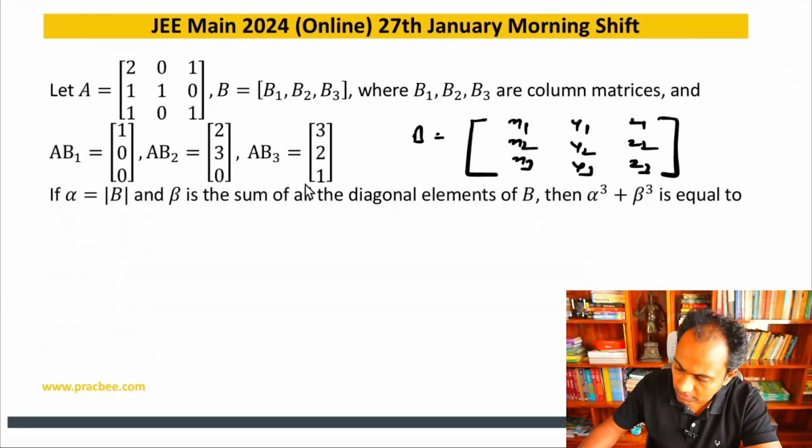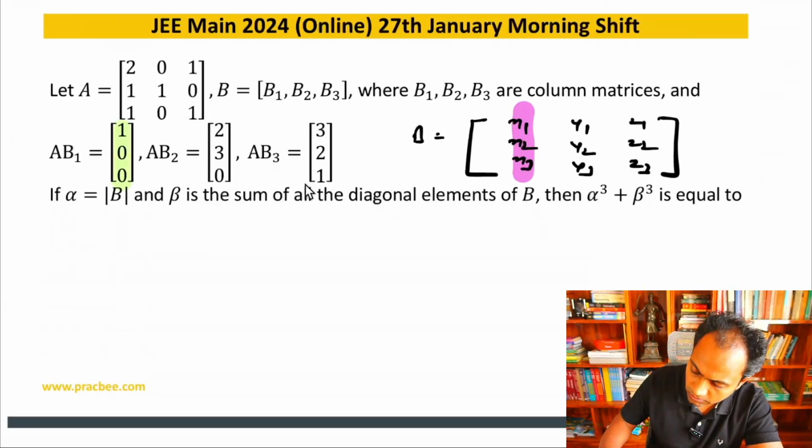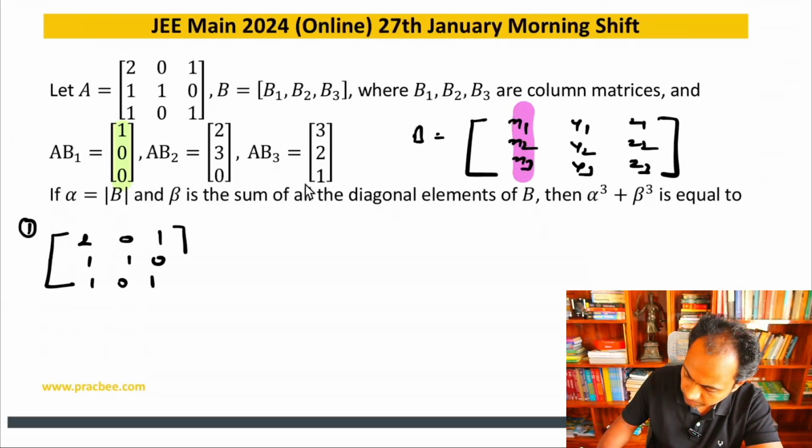Now what they are saying is, if I take B1, that is nothing but this matrix, and if I multiply it with A, then you will get the matrix that is given here. So what we are going to get is nothing but 1 0 0. So let us do that. So if I have A in place in the first step, that is 2 0 1, 1 1 0 and 1 0 1.